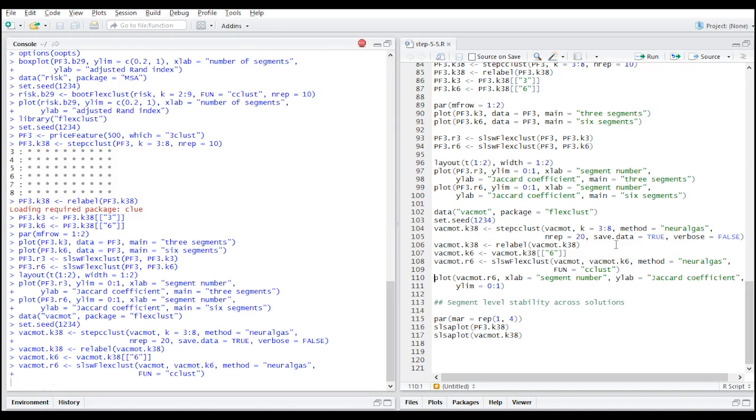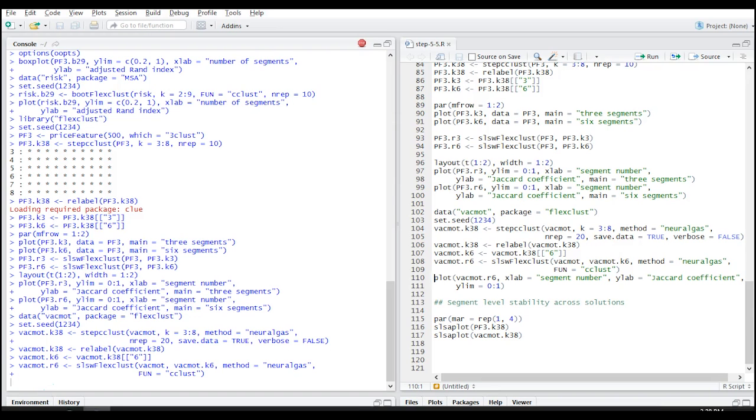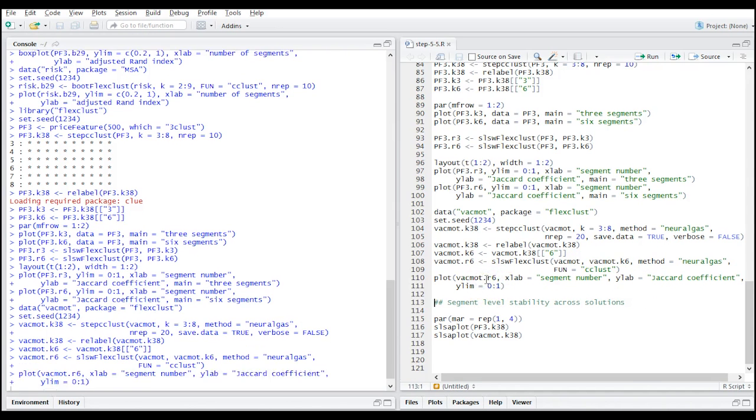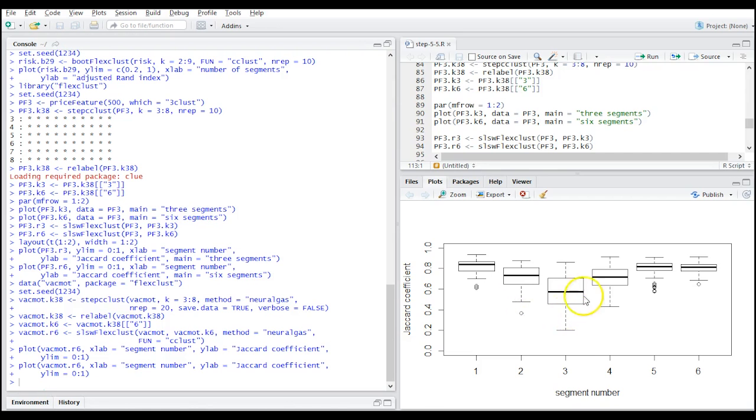So we need to run that algorithm, and we also need to wait for this function now to finish. And once we have the segment level stability indices calculated, we can again plot them, changing the x-axis label, the y-axis label, and the limits of the y-axis, to see segment 3 is unstable, segments 1, 5, and 6 are the most stable.